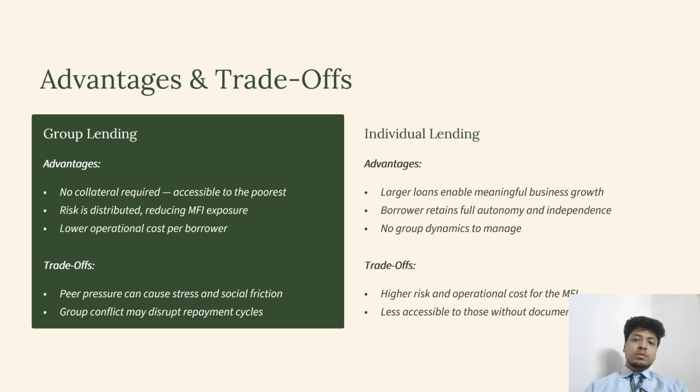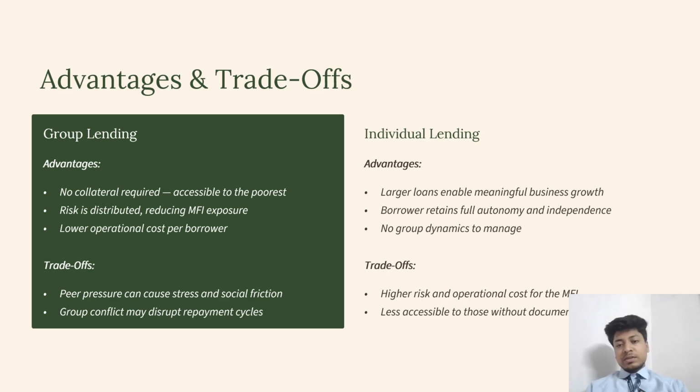Also, if the group starts fighting, that conflict can disrupt the entire repayment cycle. In individual lending, there is growth and independence. The major pro is that larger loans enable meaningful business growth for established entrepreneurs.